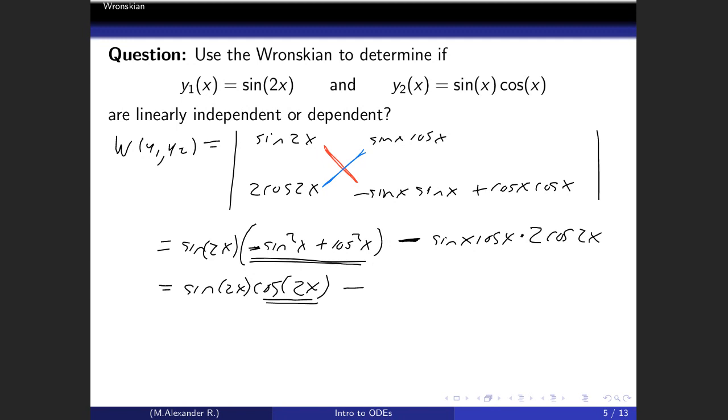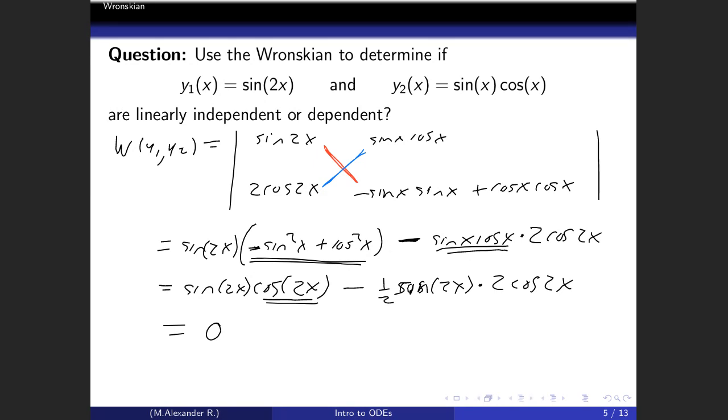And now on the other side, we have sine x cosine x, which is equal to 1/2 sine 2x, multiplied by 2 cosine 2x. At the end of the day, this will be equal to 0. You'll see that you can cancel everything out. The 2's cancel out, and the sine and cosine on the two terms cancel out. So what does that mean?